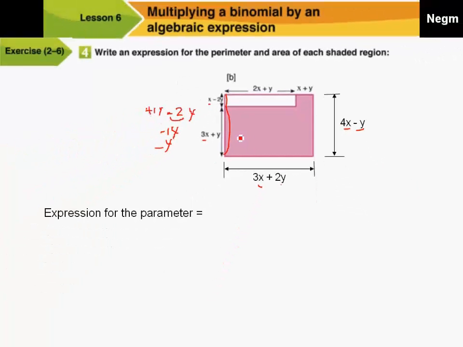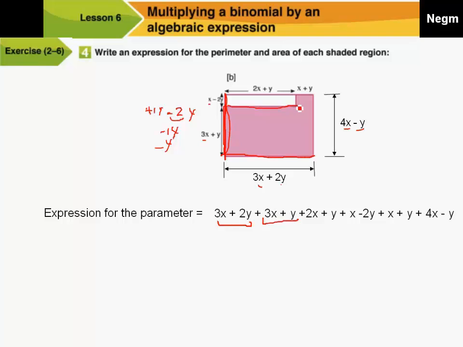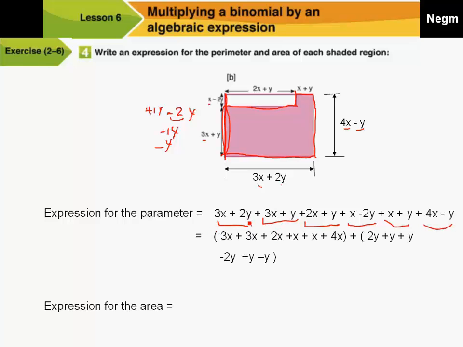The expression of the perimeter: this length is 3x plus 2y, plus the length from here to here, which is 3x plus y, plus this length 2x plus y, plus this length x minus 2y, this length x plus y, this length 4x minus y. Okay, collect the like terms together.